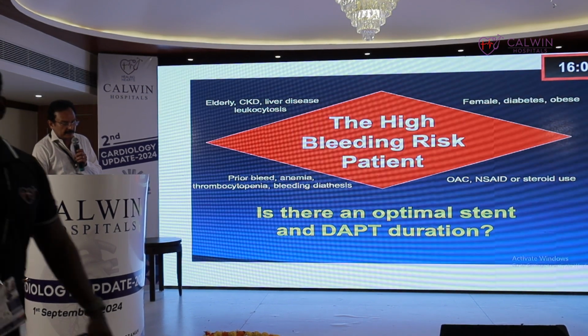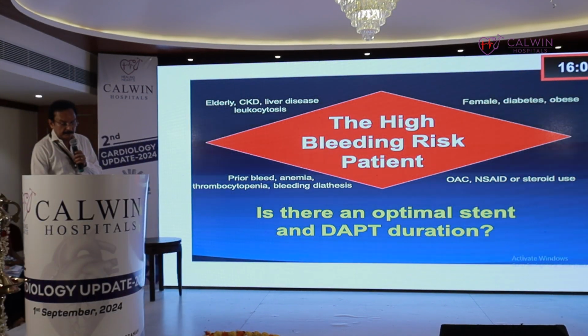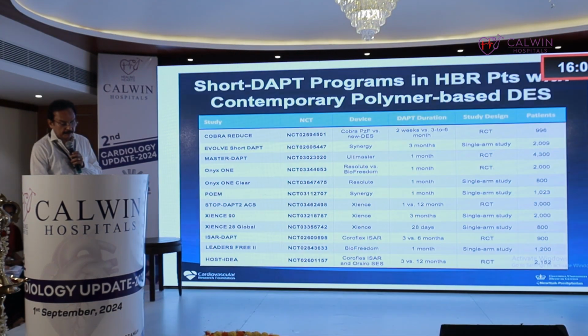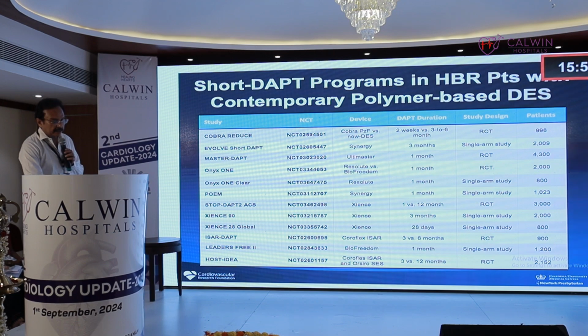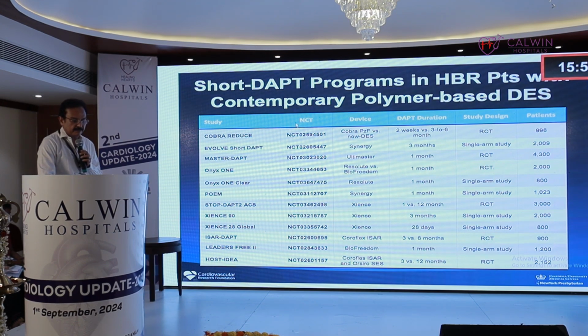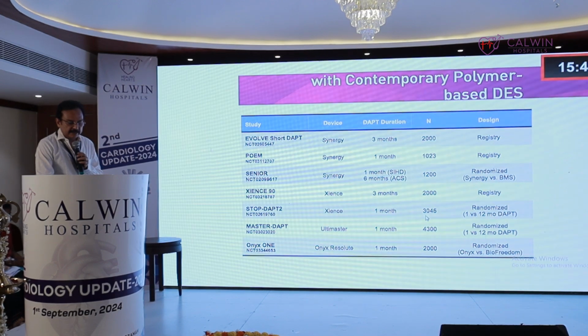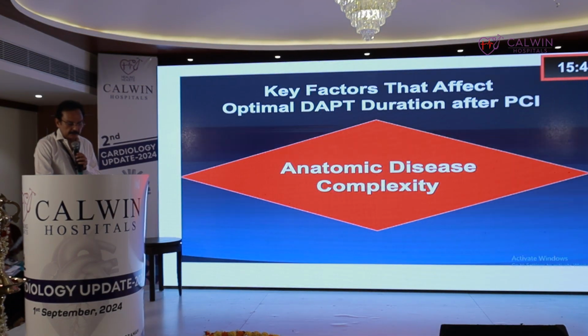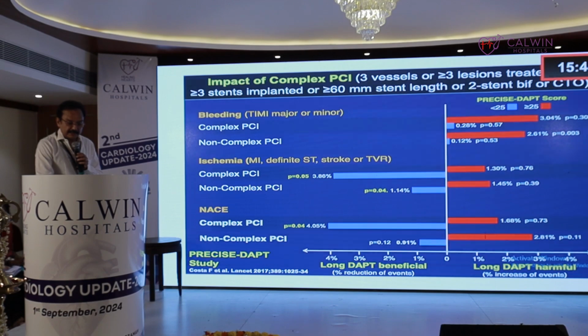And coming to high bleeding risk, what is the optimal stent or duration of antiplatelets we have? For that we have some evidence. There are so many studies where they have used different types of stents and different durations of antiplatelets, and we have found that you can select a type of stent.